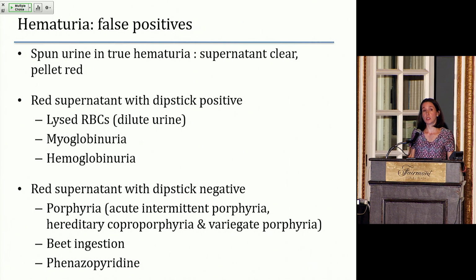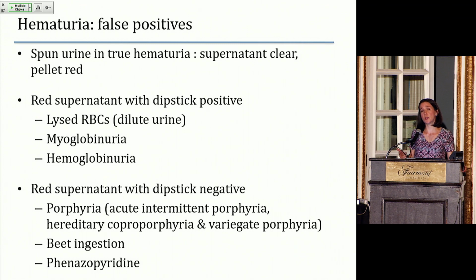So what are the false positives for hematuria? This may be relevant to the boards. In true hematuria, in your spun urine, the supernatant will be clear and the pellet will be red because all the red cells will have fallen to the bottom. If you have a red supernatant where the dipstick was positive, this suggests that your red cells are lysed, which can happen in a very dilute urine, and you've got either myoglobin or hemoglobin in the urine.